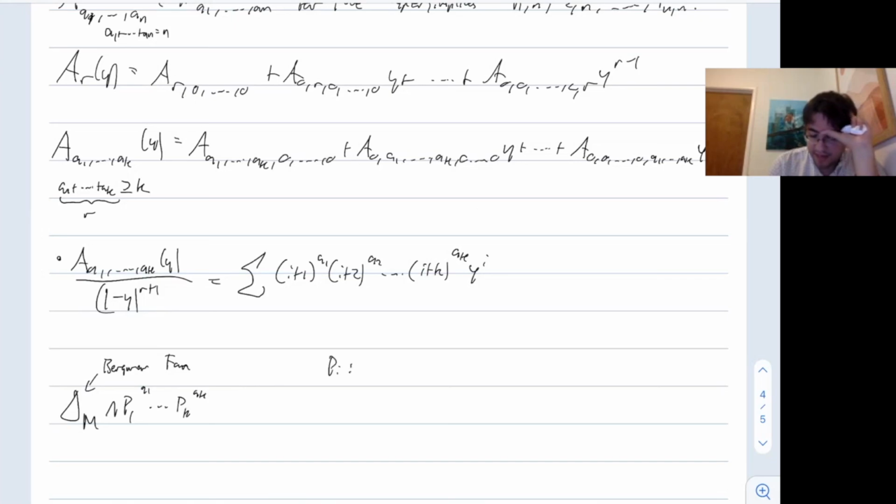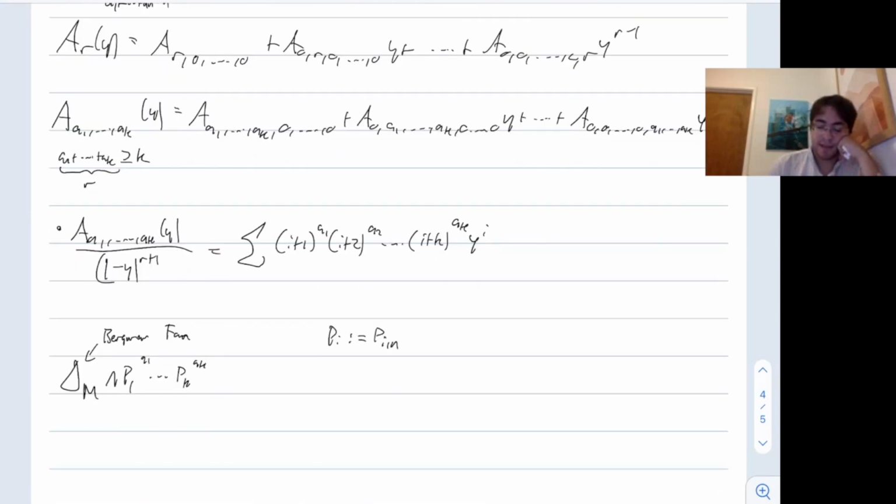Here I'm writing P_i to be the hypersimplex. So I want to understand what this mixed intersection is, because I would really, really like to get log-concavity of some interesting sequences.